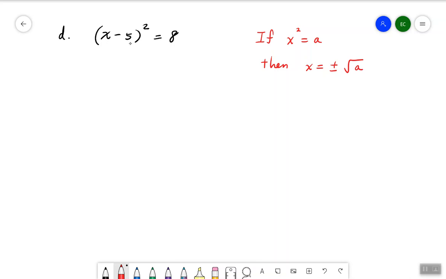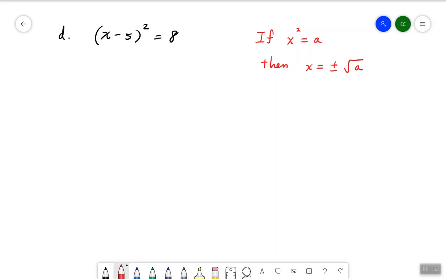And when we look at this problem, we don't have x alone getting squared. Now we have x minus 5 getting squared. And so you might be thinking that we need to do something to get rid of this minus 5. And the clever thing to realize is no, we don't.